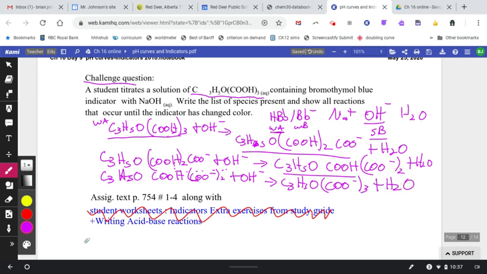And finally, the indicator can react after these 3 weak acids are done. And the indicator was HBB. HBB reacts with the strong base to give BB minus and water, and that would be your color change. This one is yellow, and this one is blue.